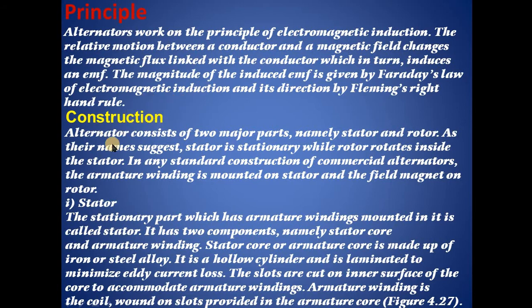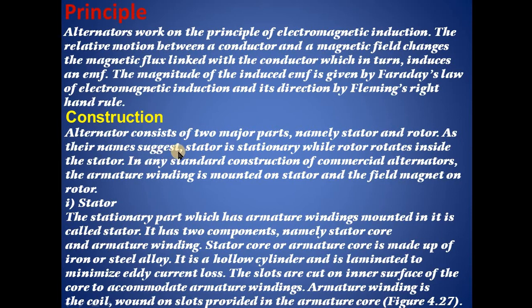Now the construction: the alternator consists of 2 major parts, namely stator and rotor. So please note it down. Alternators or AC generators consist of 2 major parts, namely stator and rotor.